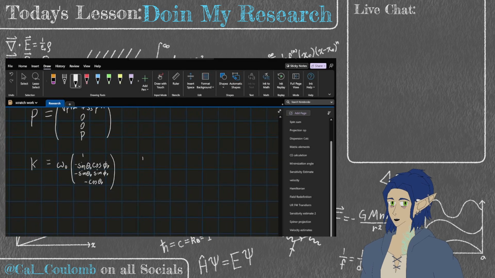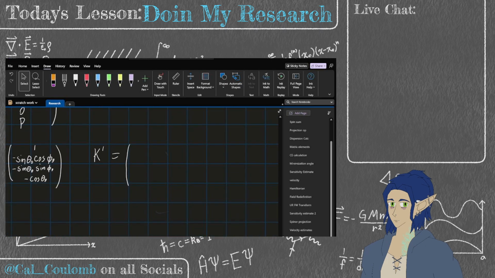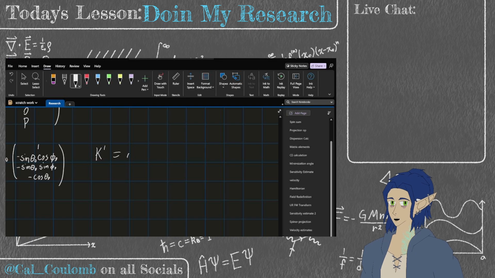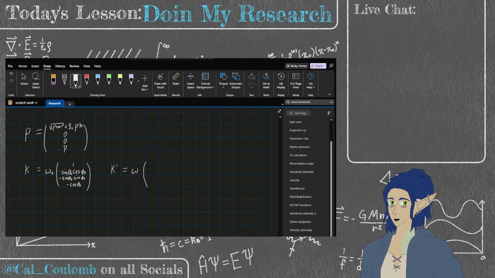And then K prime, so this is the outgoing photon for momentum. We have, in this case, what I'll call just omega. I didn't want to put the 0 index on these 4 momenta labels because the space-time indices run from 0 to 3.